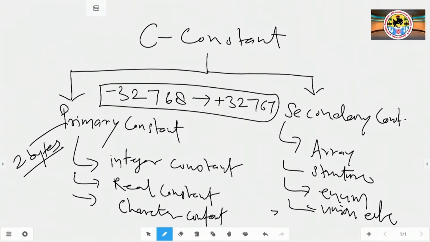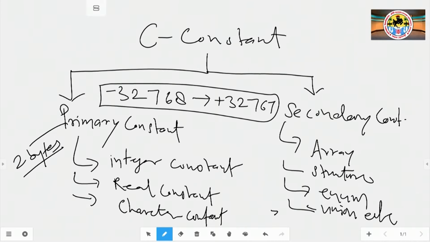Second, the real constant. Real constant is the constant which has a decimal value. Any constant which has a decimal part, we can say, is a real constant. It also has some range.